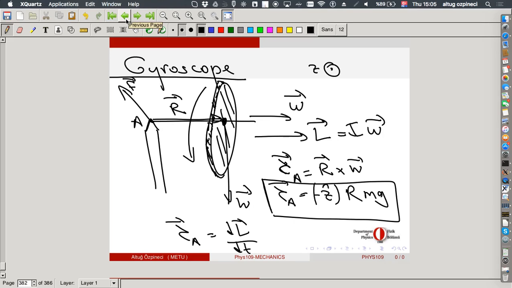Now let's look at certain limits. Let's say that initially it's not spinning. So there's no angular momentum. And we want to create some angular momentum in that direction. How can we do that?